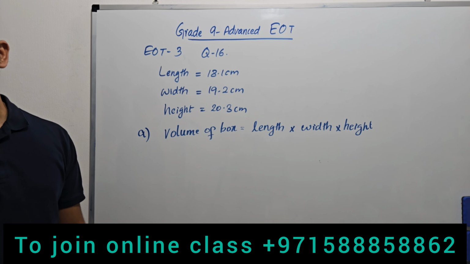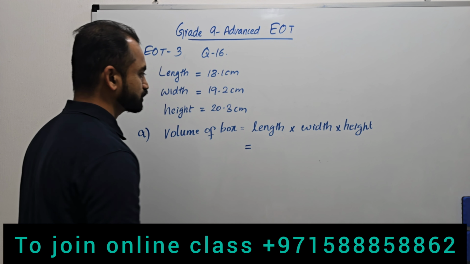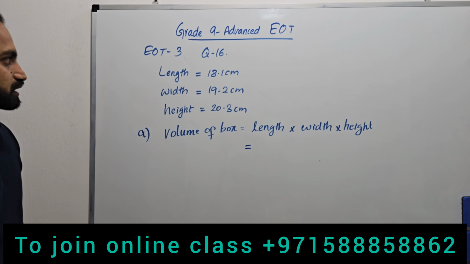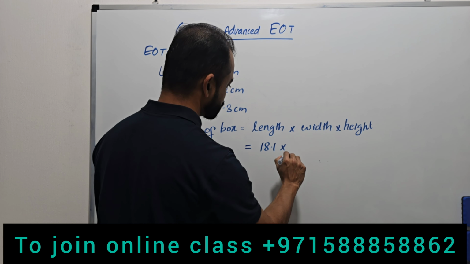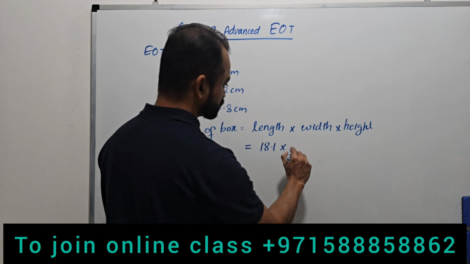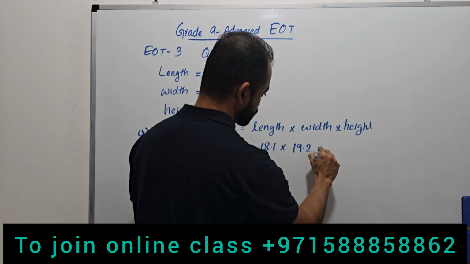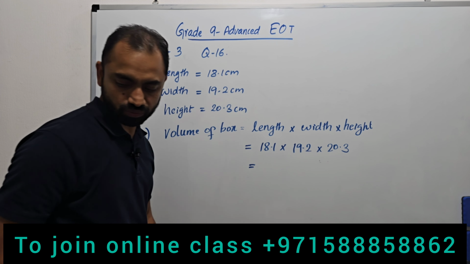By multiplying all the three sides we can get volume. Length is 18.1 centimeter, so 18.1 multiplied by width 19.2 centimeter, times height 20.3. We will use the calculator.